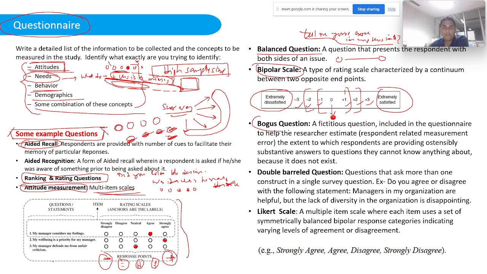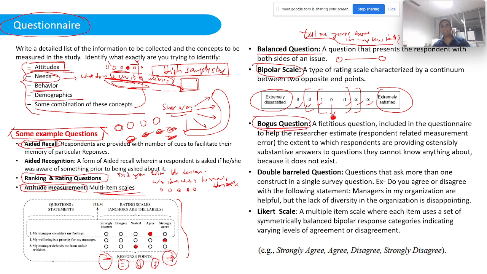And a bogus question is something that comes up when you give a particular user a questionnaire to fill. Many times a user may not feel like answering the questions with full concentration by reading them. Instead he just tries to fill in random information, and you can find such users by asking intermediate bogus questions.